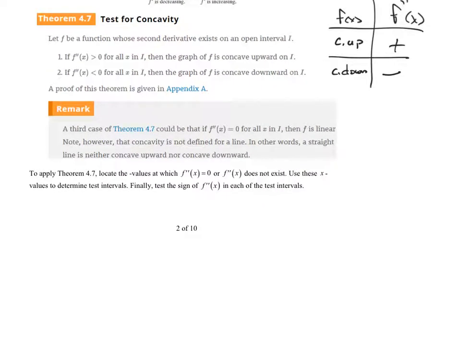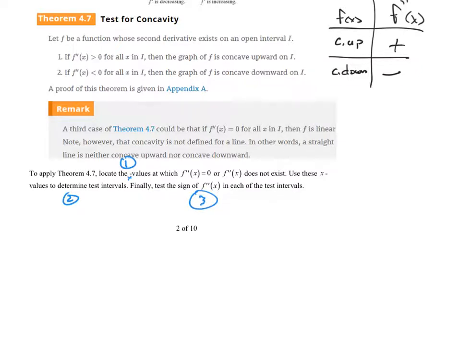It says to apply theorem 4.7, locate the x values for which f double prime of x equals 0 or f double prime of x does not exist. So that's our first part, is find the x values for which f double prime of x equals 0. Use these values to determine the intervals. That was the second part. Test the sign at each of those intervals.